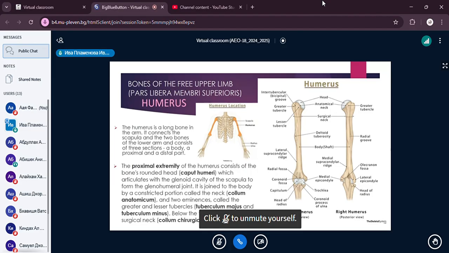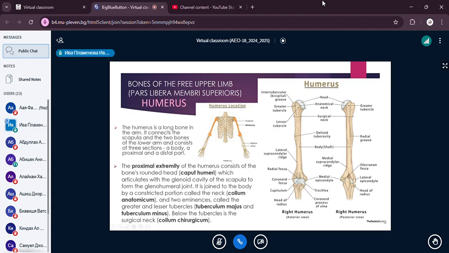Of course, you can see that each long bone has three parts: proximal end, body, and distal end. Let's start with the proximal end or proximal extremity.